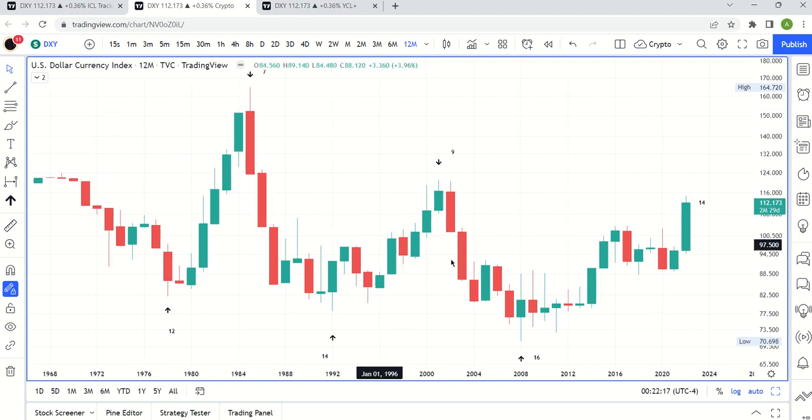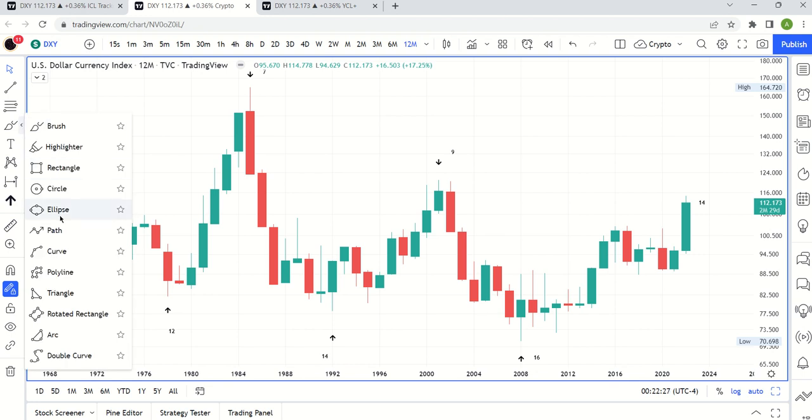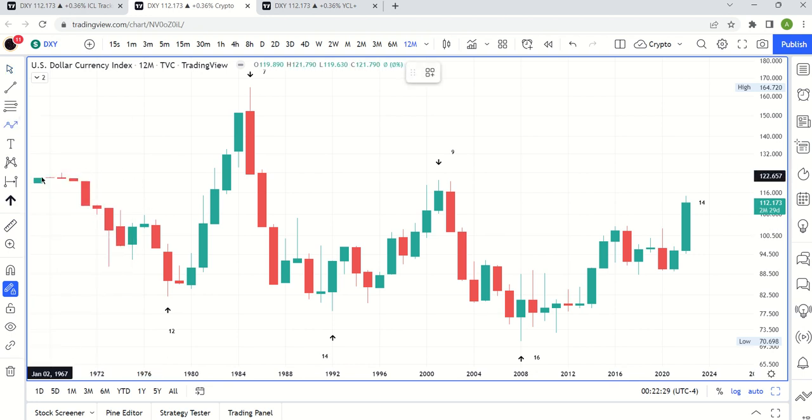In the case of the Dixie, it hasn't been much of a trend as much as a range, which is not surprising because it's a currency. But if you think about a trend, this went up here, then went down there, then came up here, then went down here.